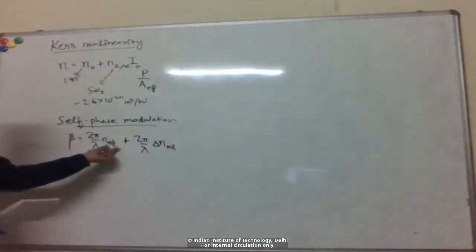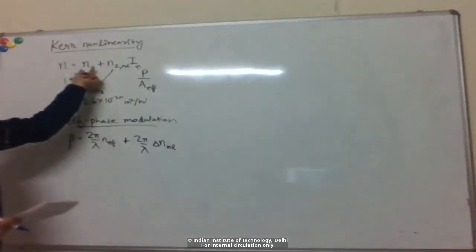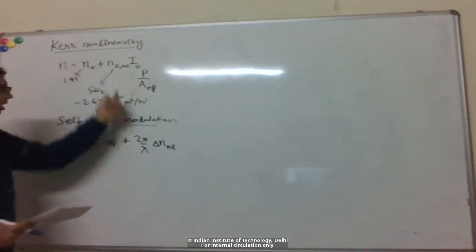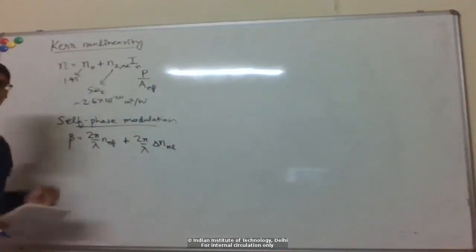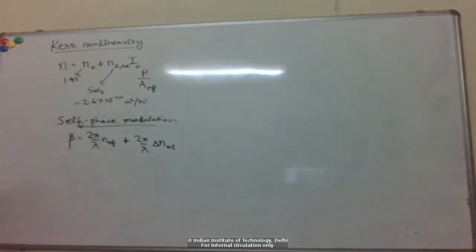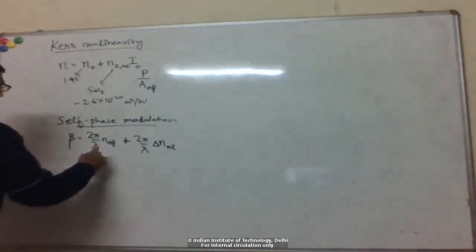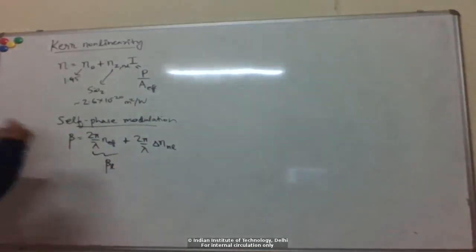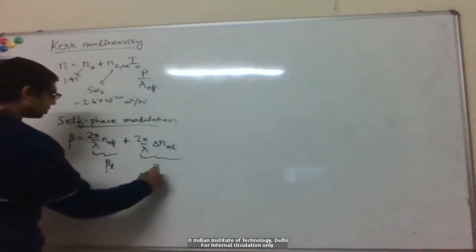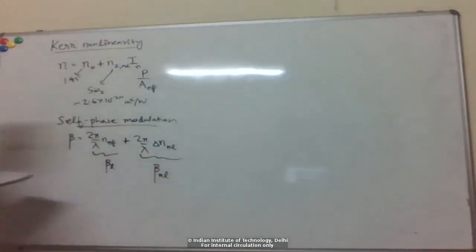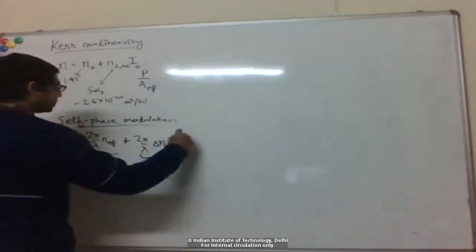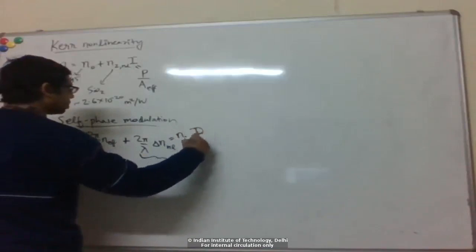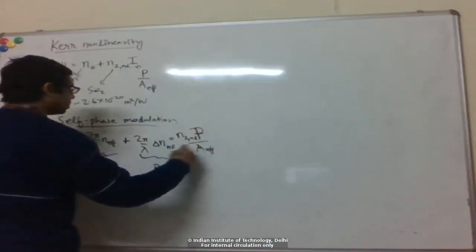If I write n as the constant bare n0 plus this intensity dependent term, then the second term will give me a correction to the propagation constant. So this is the usual linear propagation constant, and this is the nonlinear part, which we write as n2 times I, or n2 times P over A effective.